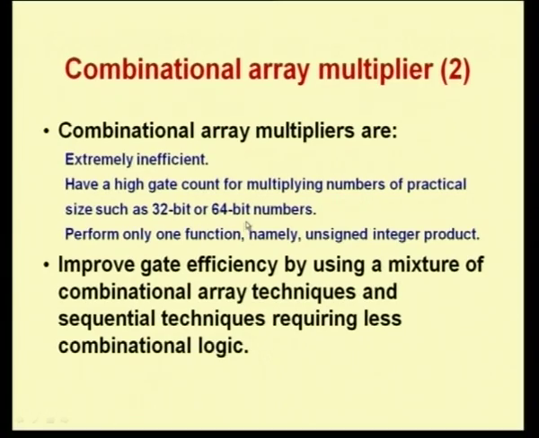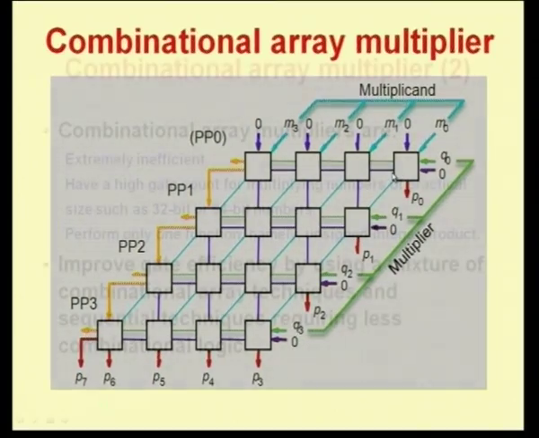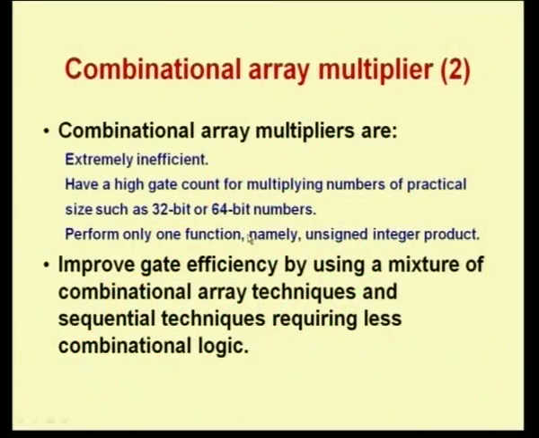It requires a large gate count because for every bit we have an AND gate and an adder that needs to be put in place. So, a large number of gates are used in this kind of combinational array multiplier. So, what we try to do therefore is, how can we reduce the number of gates that are used for multiplication?